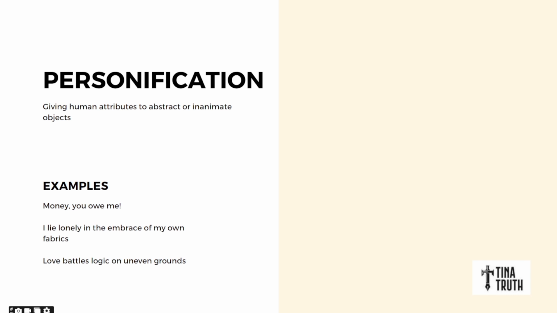That means love battles logic. Love is an abstract term. Logic is an abstract term. They're not humans. How did they battle? On what field did they meet? And what punches did they throw? That is personification right there, because we're giving human characteristics to abstract things like love and logic.